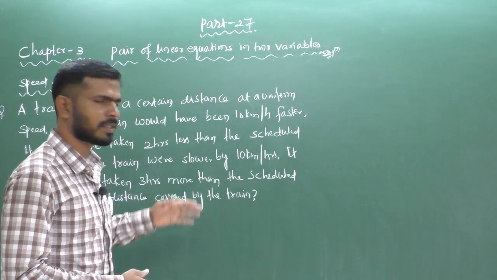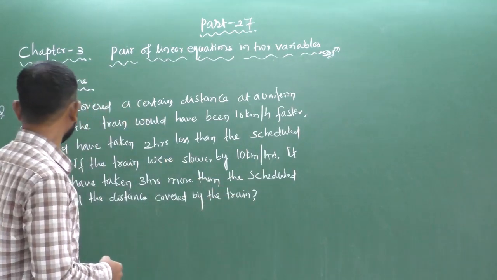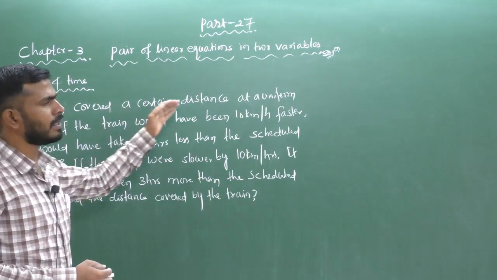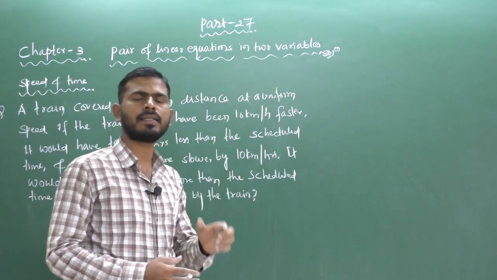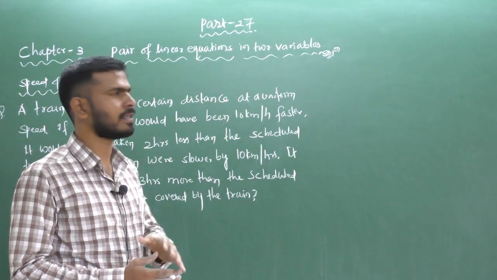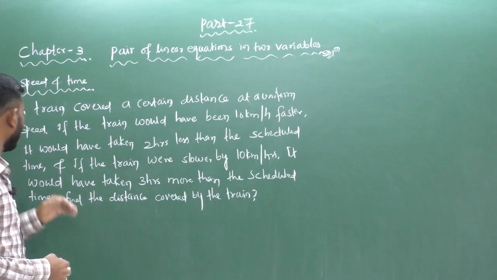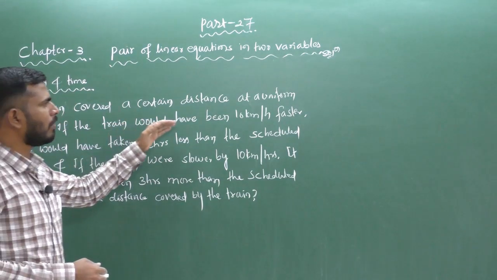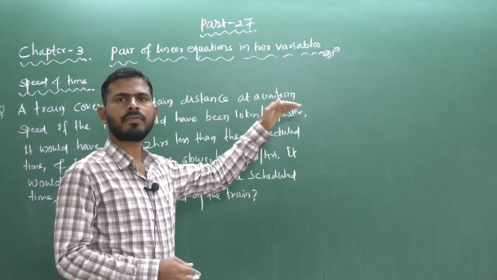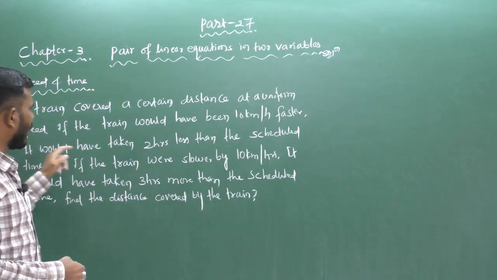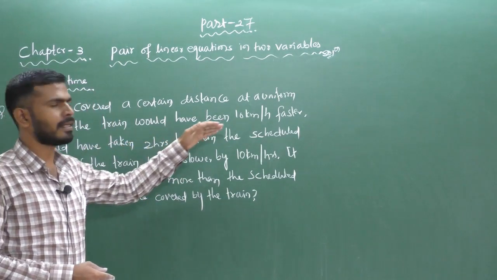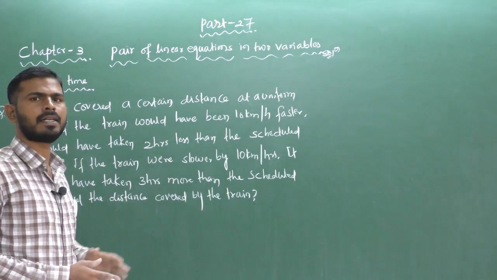Here a train covers a certain distance at a uniform speed. The distance is not given. If the train had been 10 km per hour faster, it would have taken 2 hours less than the scheduled time. This is the first condition.